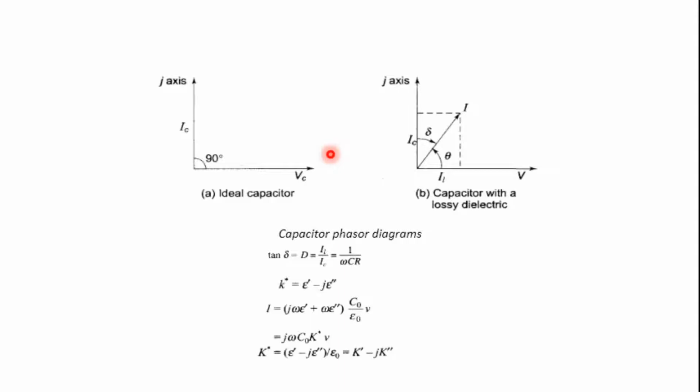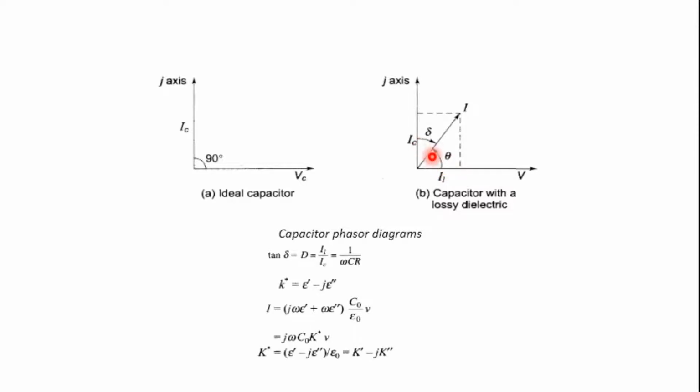So generally the current leads the voltage by an angle. For an ideal capacitor, we know that the current is advanced over the voltage by an angle of 90 degrees. So here the current leads the voltage by an angle theta, which is less than 90 degrees.